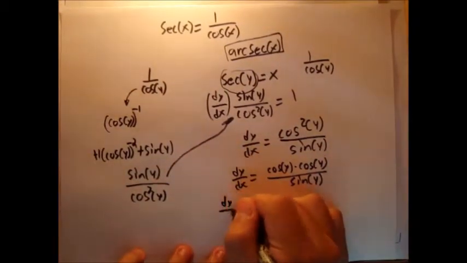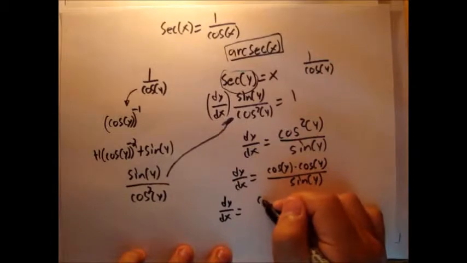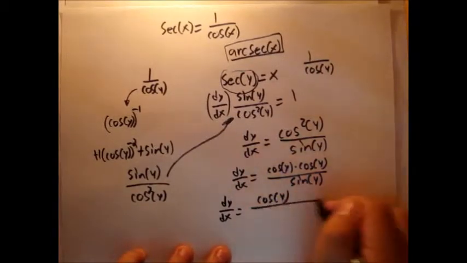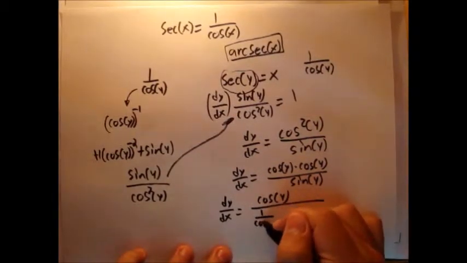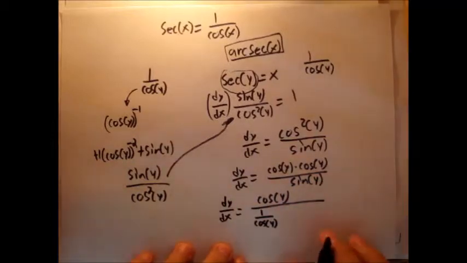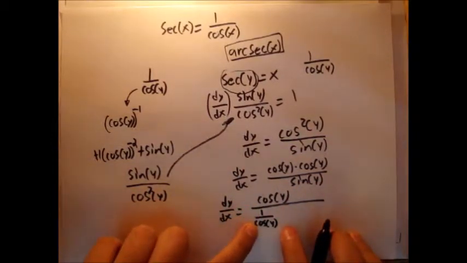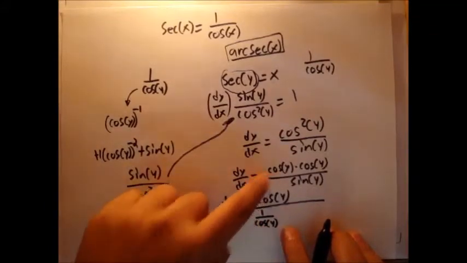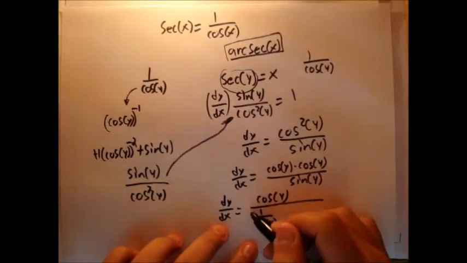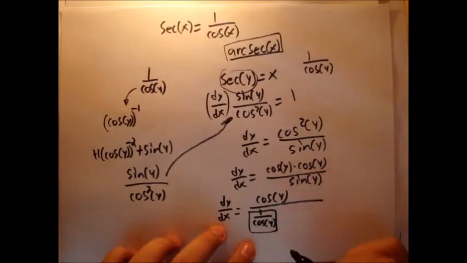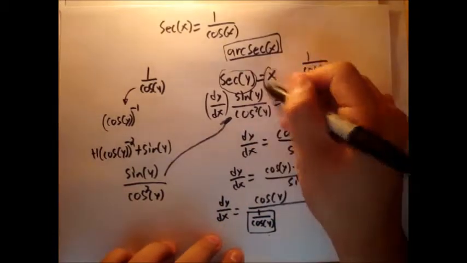I'm not making any changes, I'm just rewriting it as 1 over cosine y. This is a simple algebraic manipulation. I did it like that because here I find that this is equivalent to x.